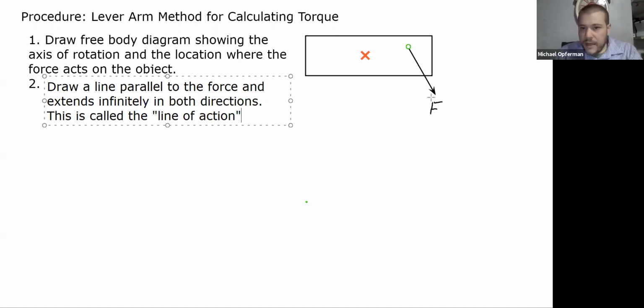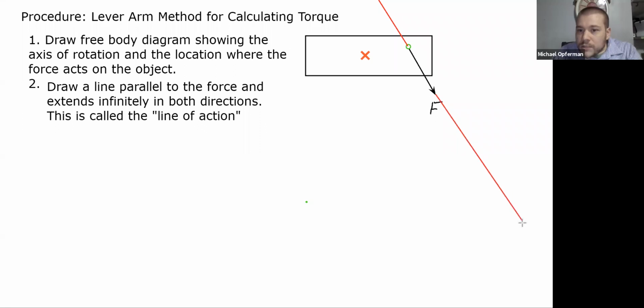So what I mean by that is you want a line to extend backwards like this from the force in that direction, and it could also extend forwards like this. So you're basically visualizing the force vector as being part of an infinitely long line.